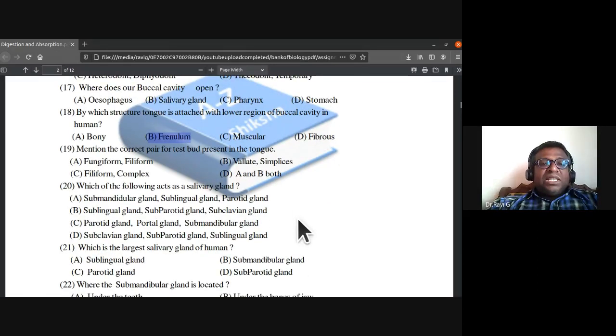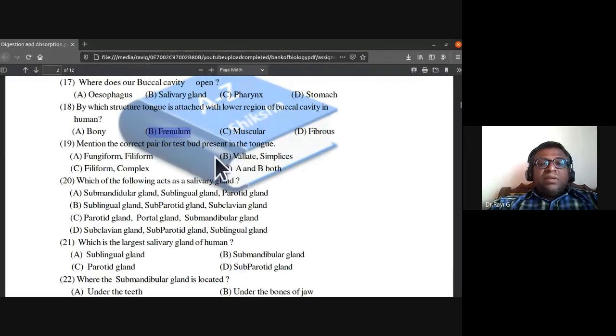So mention the correct pair for taste buds present in the tongue. Fungiform, filiform, vallate, simplices. Filiform, complex, A and B both. So this is out of syllabus. We have not studied about that in the NCERT, isn't it?